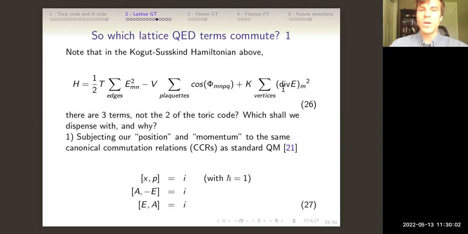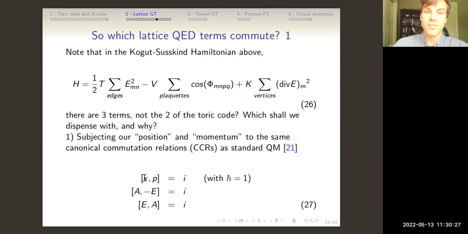And so as we quantize that, what do we do to these gauge fields and E fields? The reason we're doing this is because it relates to the commutation of the terms in the toric code. So we need to know which of these 2 terms commute with each other, because that's how we're going to determine which of these 2 terms we keep and which we discard.